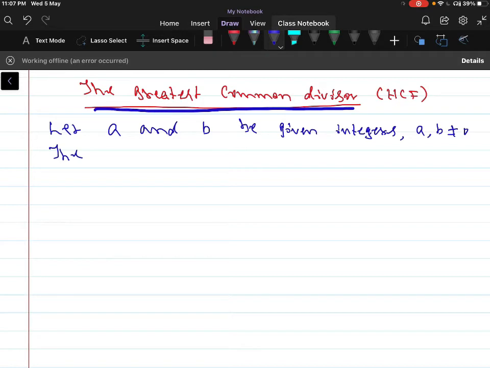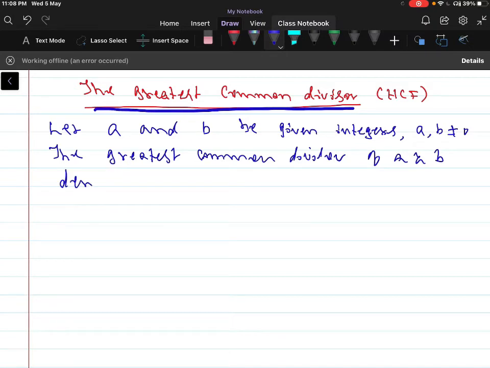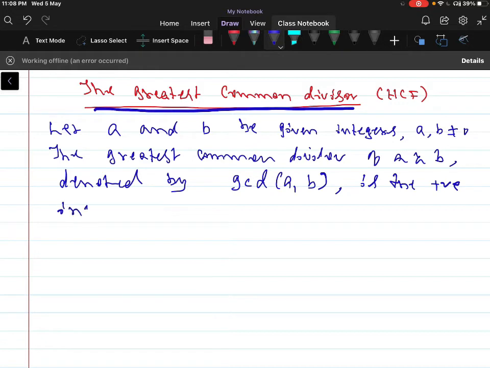The greatest common divisor of a and b, denoted by GCD of a, b, is the positive integer d satisfying the following.